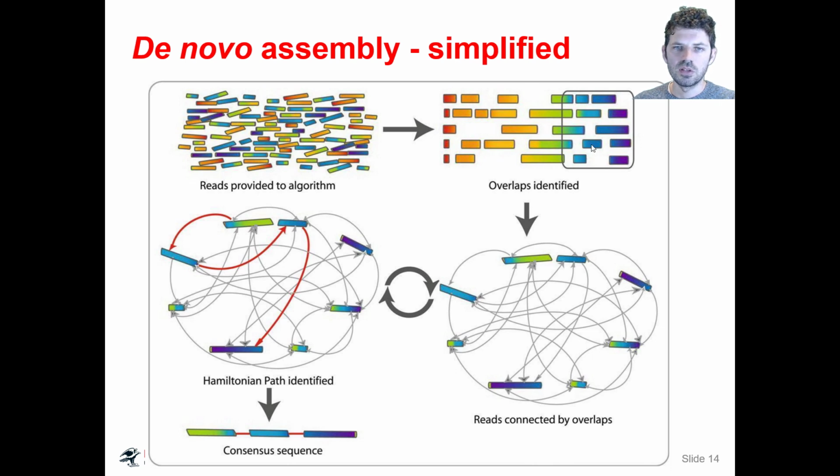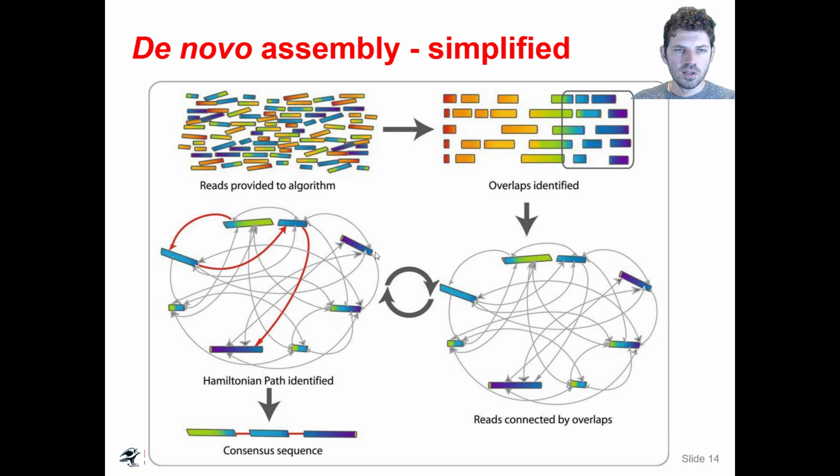What you can do then is collapse those overlaps down to contigs, where you build a larger series of sequences based on those overlaps. So you're connecting the dots in between each of these reads to make a longer sequence.